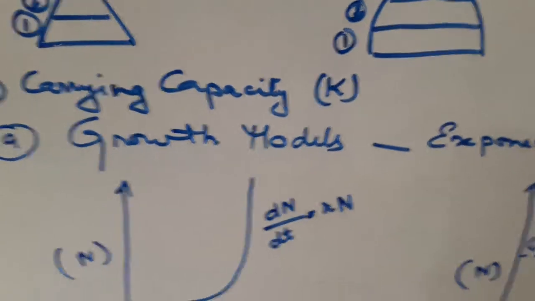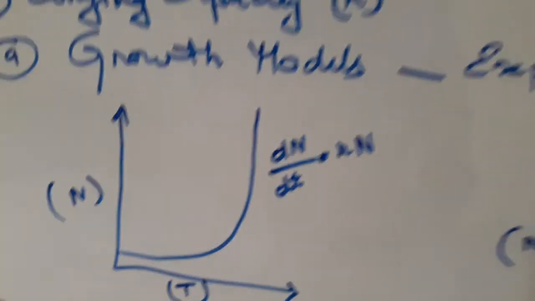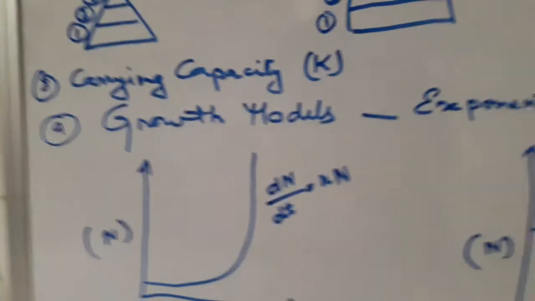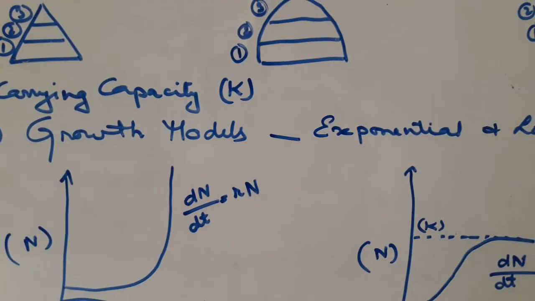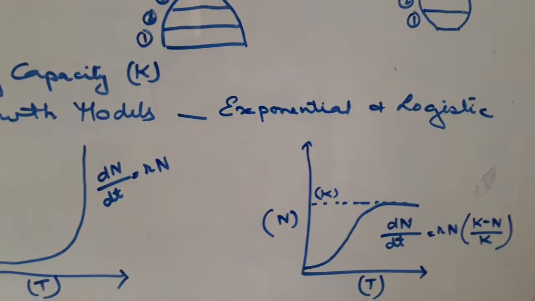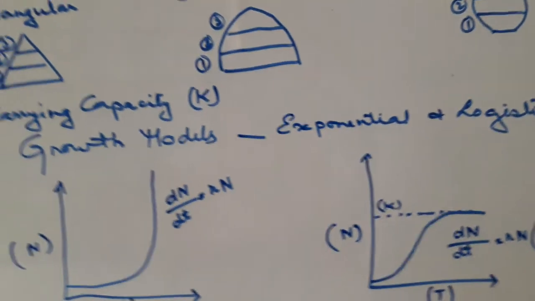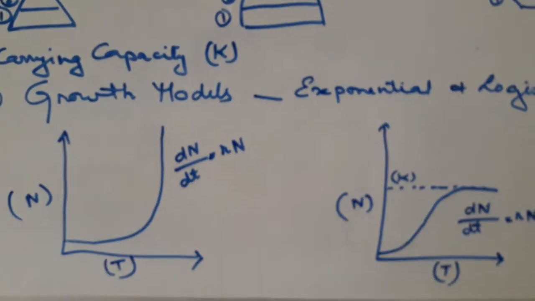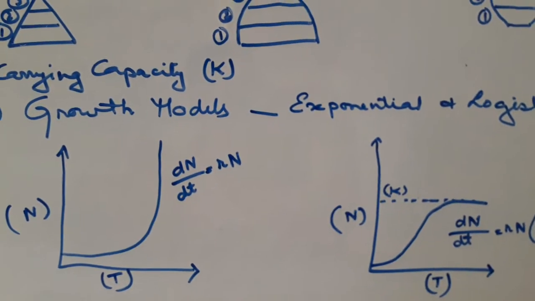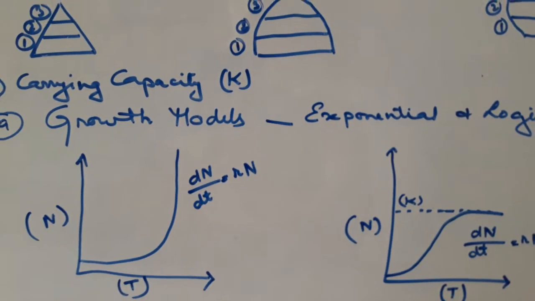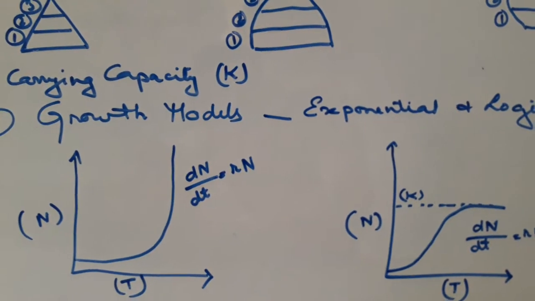Now next we come across an important term, that is the growth models. We find two types of growth model in a population, the exponential growth and the logistic growth. Exponential growth means the type of growth which is continuously growing.